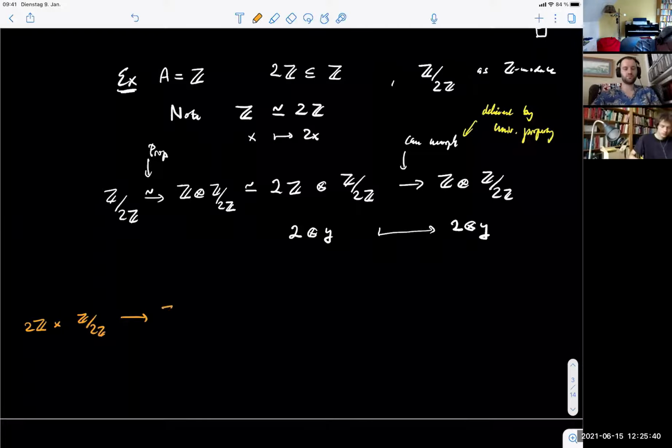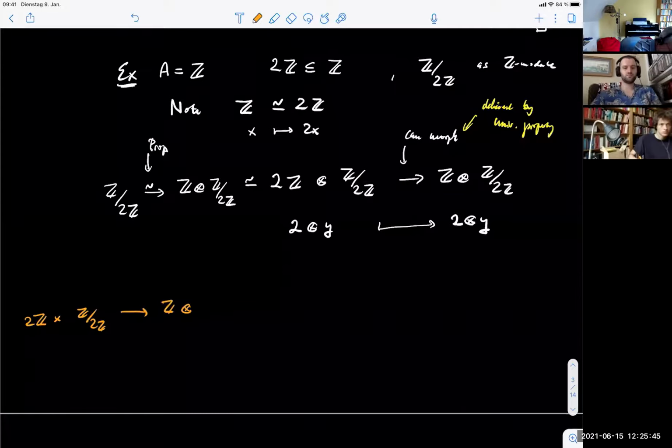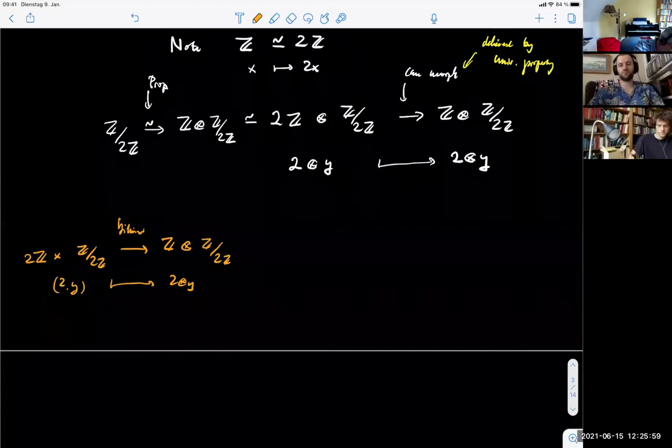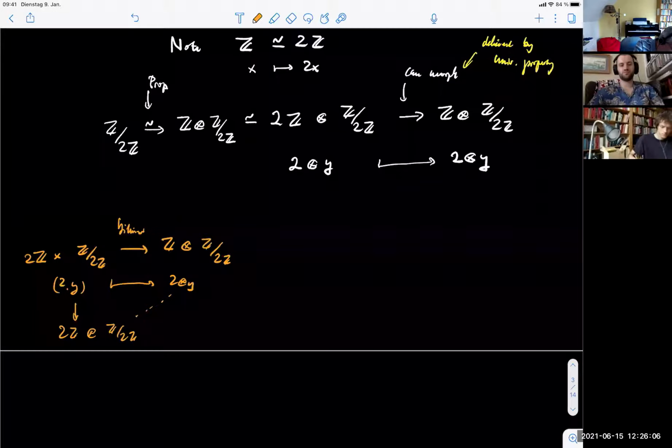The map is bilinear, and then you factor via the tensor product and you get this linear map.